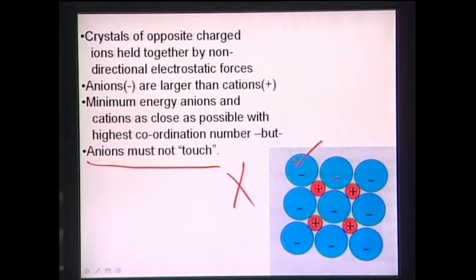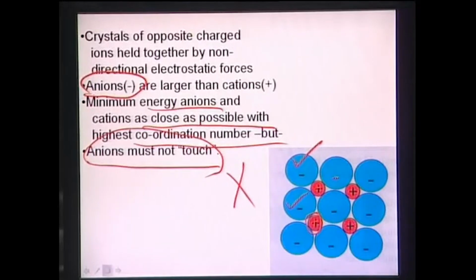So the size of the cation will be such that they occupy the interspaces between the anions, thereby separating the anions at some physical distance. You understand what I am saying. At minimum energy, anions and cations are as close as possible, so that the highest coordination number is possible. Typically anions are larger than the cations.